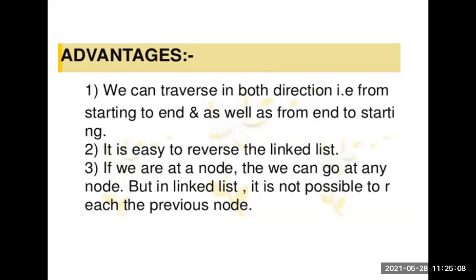It is also easy to reverse the list. If you are at a node, then we can go to any node, but in a single linked list it is not possible. You have to know the previous or next node address.